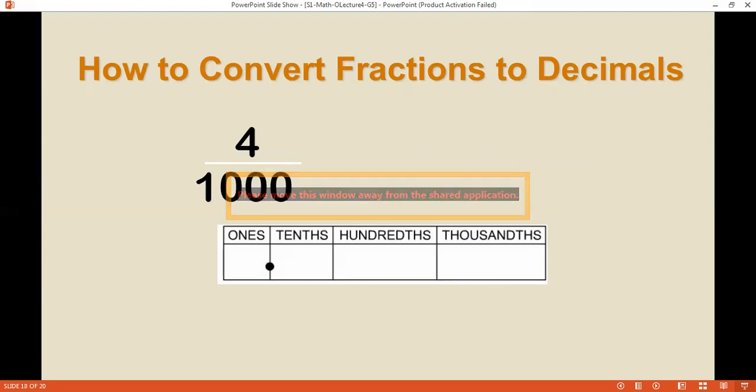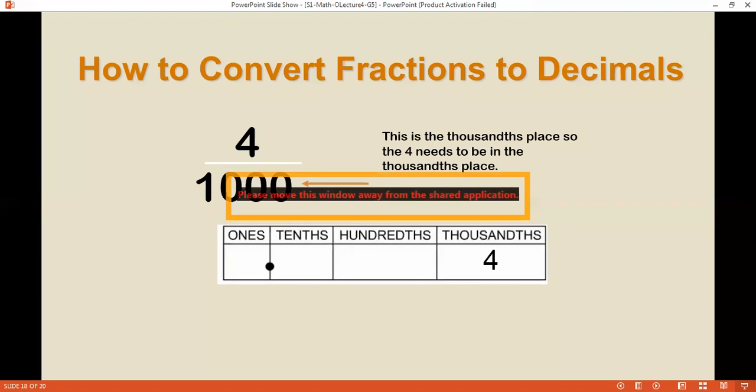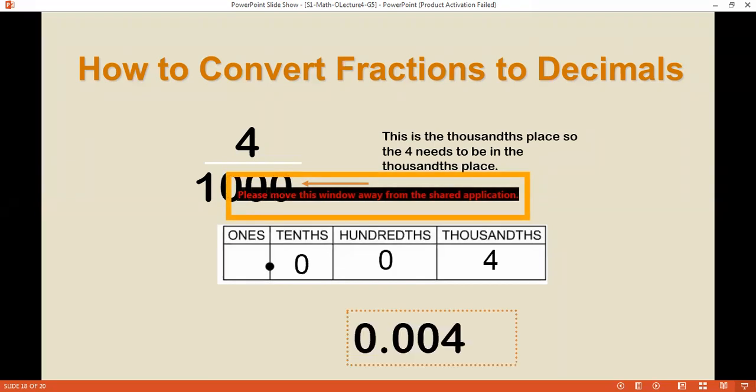Can you tell me this in word form? 4 thousandths. So I only place the 4 in the thousandths. What about the empty places? Zeros. So it's 0.004. Is it clear? So the word form will help me write the number.